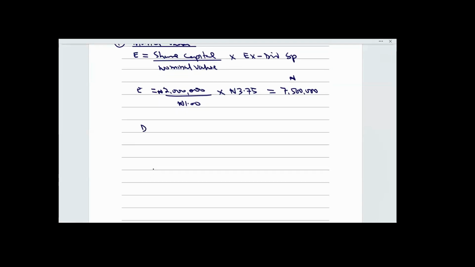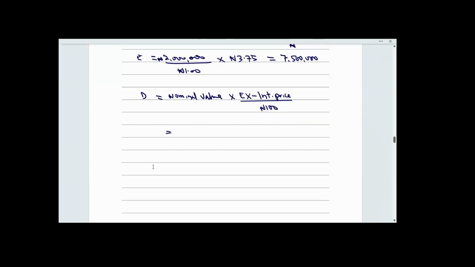Then let's calculate market value of the debenture, which is the nominal value multiplied by the ex-interest price divided by 100 naira. So I will go to the capital structure, to the balance sheet.